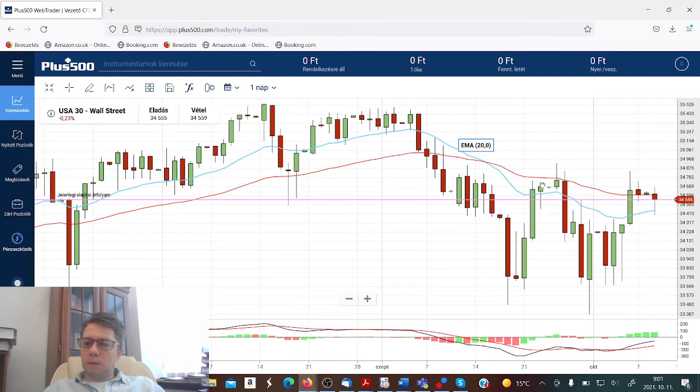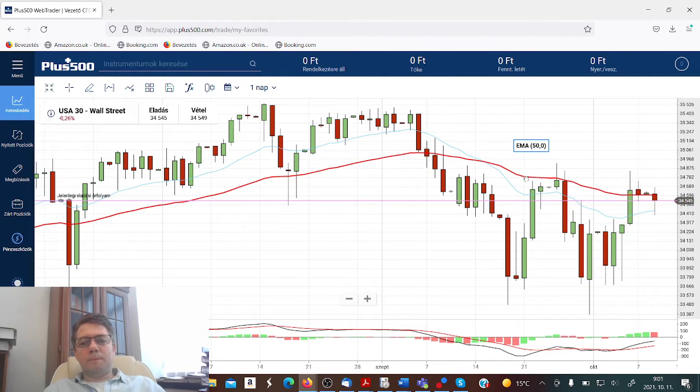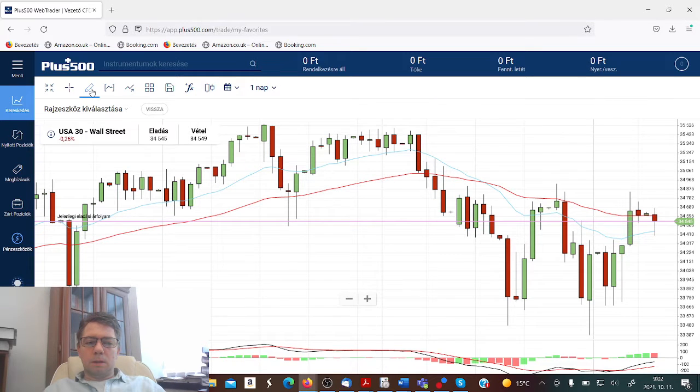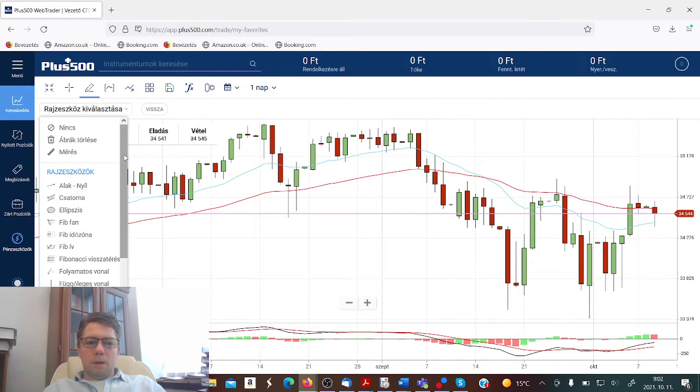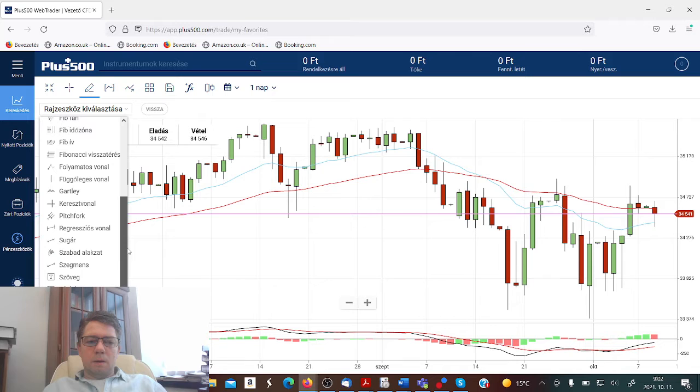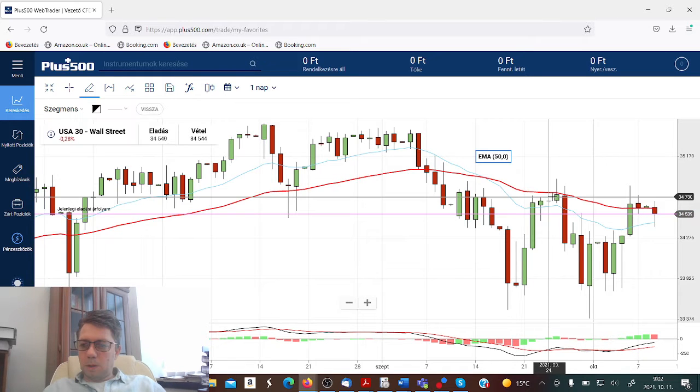But I'm interested in this W pattern. If this is a valid W pattern, we need to break above the neckline, which is around 34,780. So we need to break above that to make it a valid W pattern. And then we can measure the target price. Let me measure the target price.